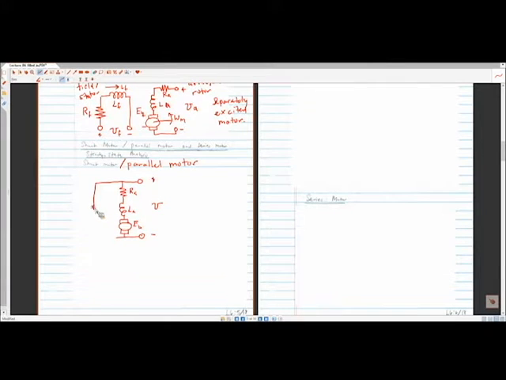What I'm about to draw here is a variable resistor. In case you've never seen the symbol, I'll walk through that in a second. And there's RF and LF, just mapping between the two.